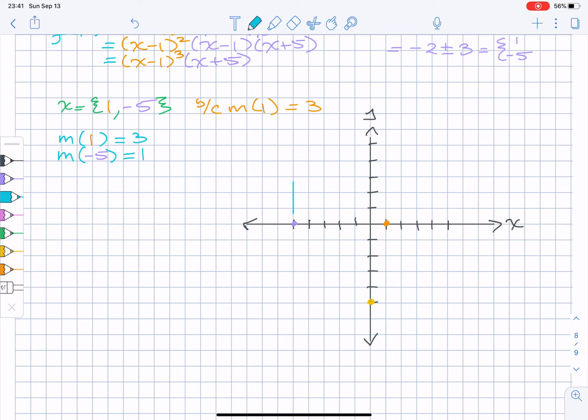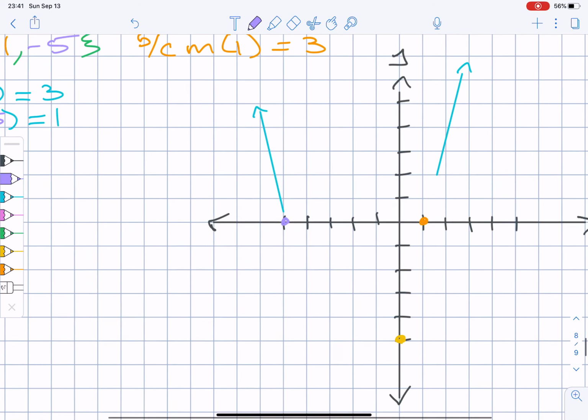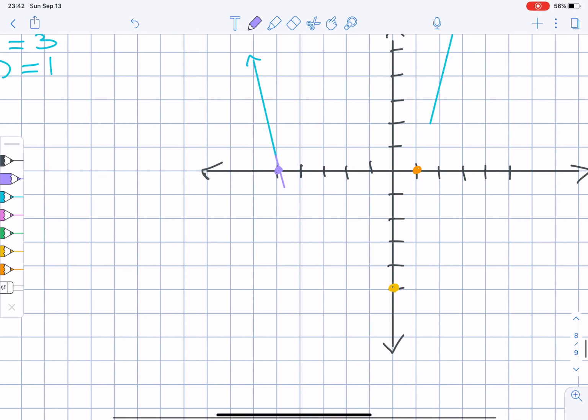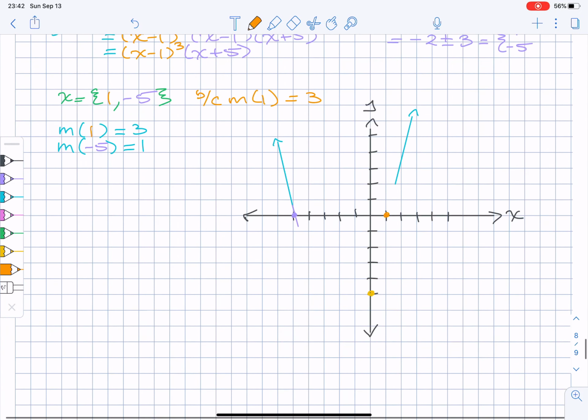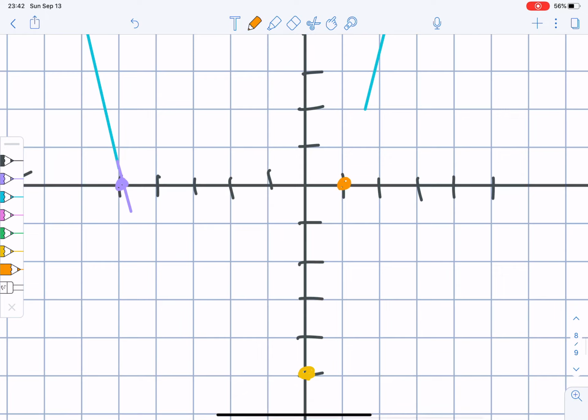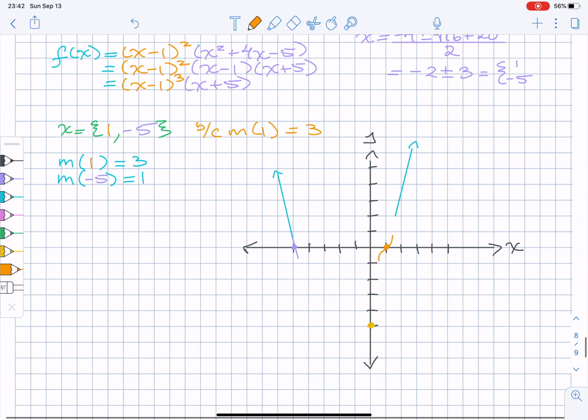Like so. And up in this direction, like so. Okay, but what do I know about the behavior near negative 5? It's linear, right? The multiplicity is 1, so it's just a little line. However, the behavior near 1 was S-shaped, so it's going to be a little S-shaped graph there.